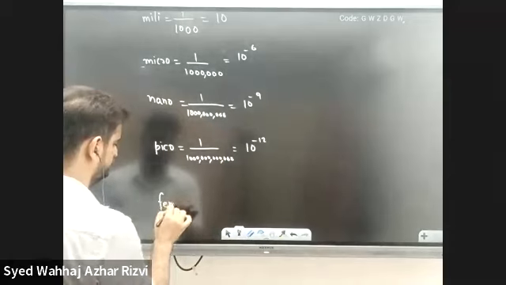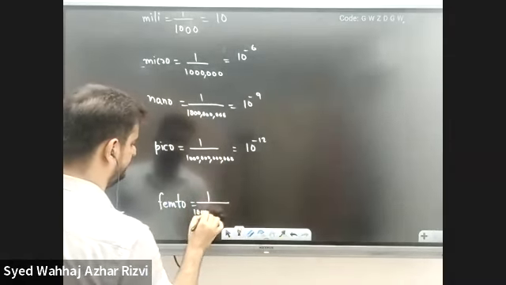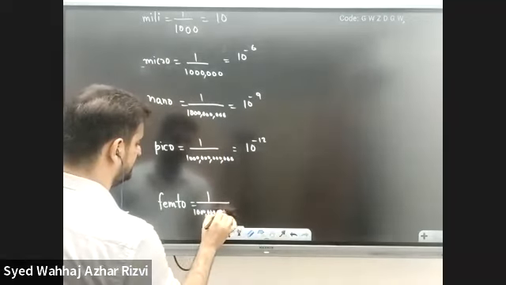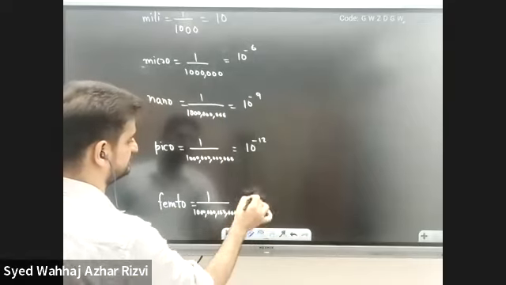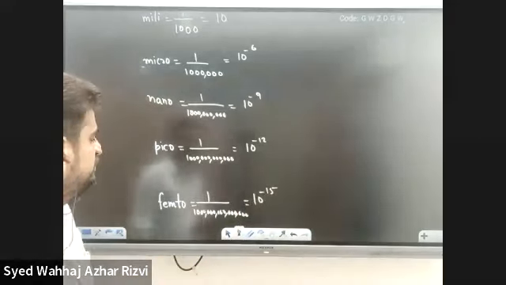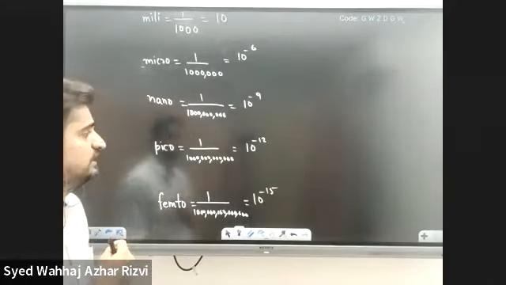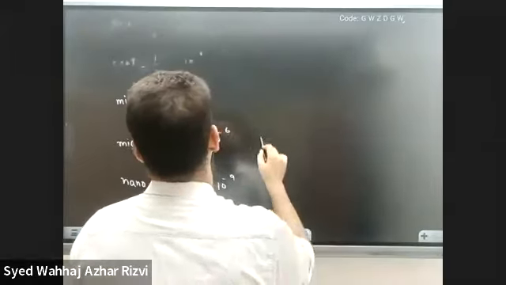Femto. 1 over 1, 2, 3, up to 15. It's 10 raised to power negative 15. This is the meaning. We don't usually go up to femto at all, but this is what it is.